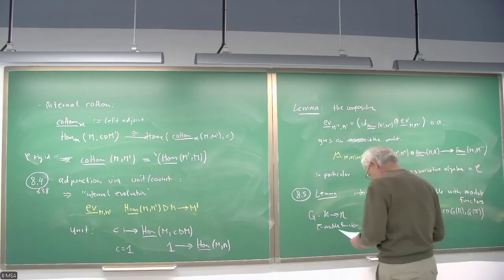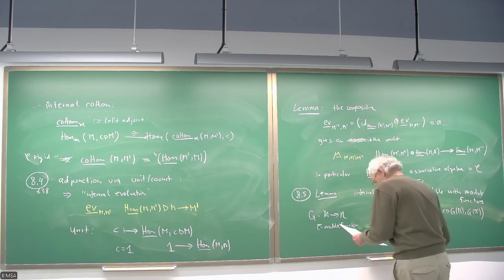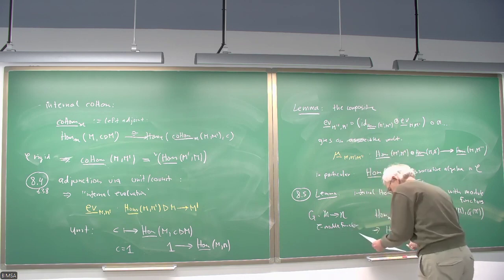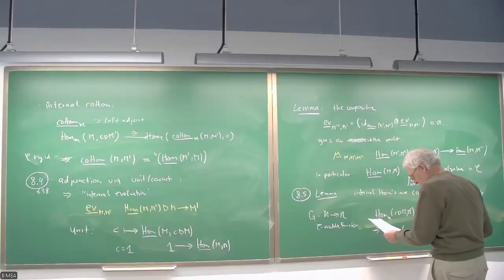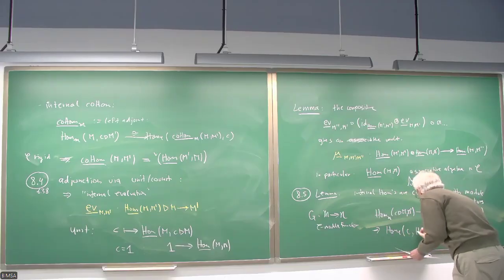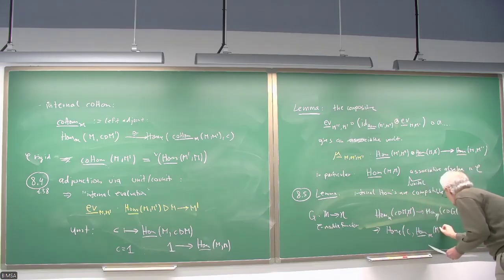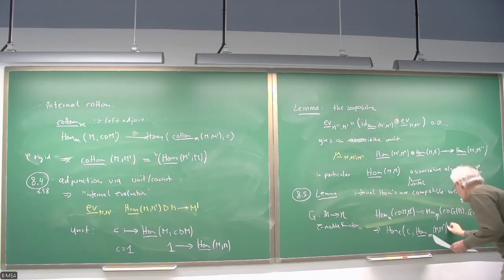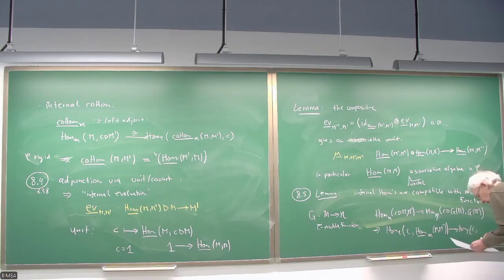And this gives us, via the adjunctions, a map where we have the internal Hom. Here now I have to write the label M, and the one where we have the internal Hom for N, with G of C, G of M and G of M prime as arguments.